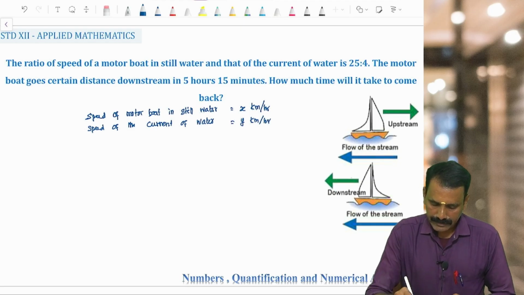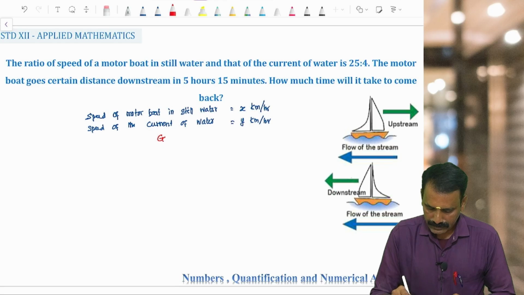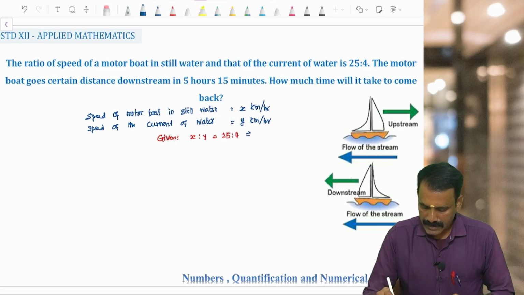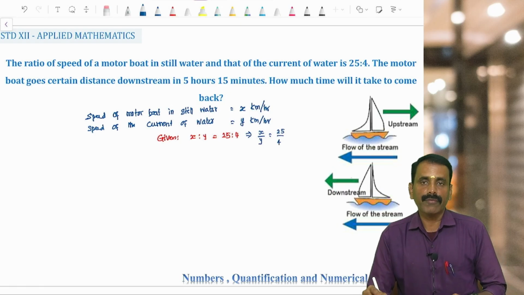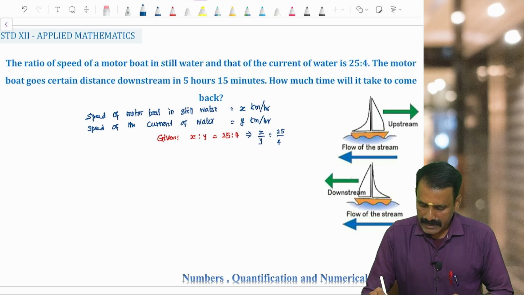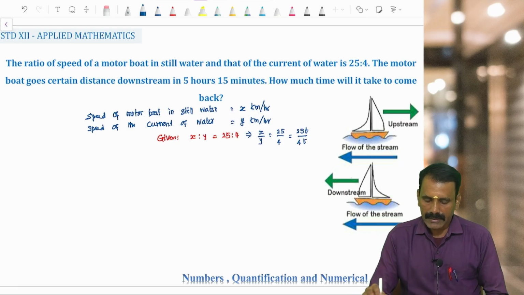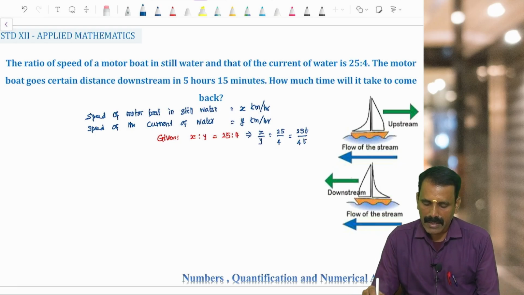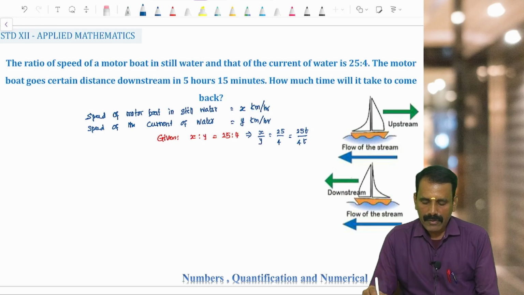Given x is to y is equal to 25 is to 4, which implies x divided by y is equal to 25 by 4. We cannot take 25 and 4 as such for x and y. We take some multipliers, 25t by 4t. So we take x to be equal to 25t kilometer per hour and speed of the current of water as 4t kilometer per hour.